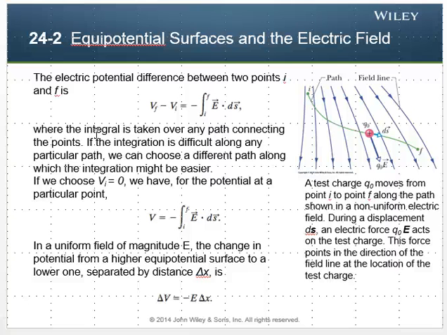In the electric field, we often pick some point, especially when we get to electric circuits, as our zero potential energy point, and we go up and down from there. So if we simply call whatever our initial point was our zero point, then the potential at any particular point is minus the integral of the electric field dotted with ds. So we're just integrating along the path. The only component that matters along the path is the part parallel to the path.